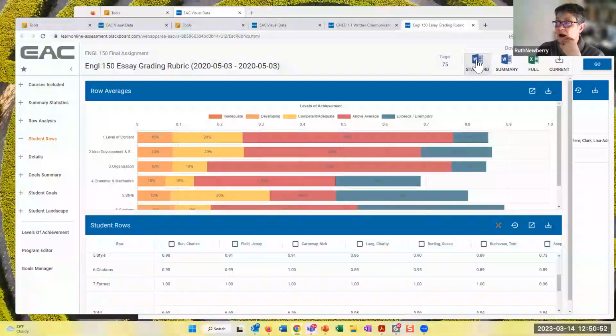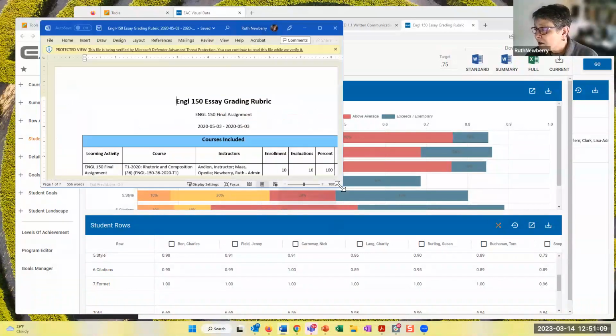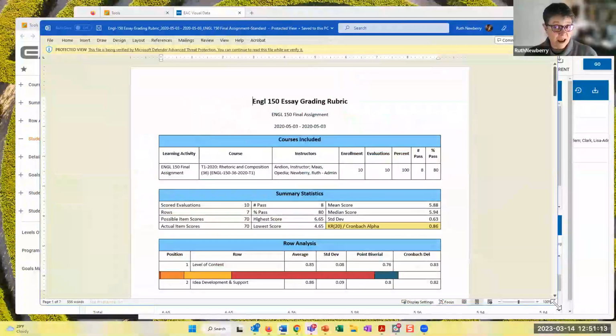This is where, at the end of the term on my rubrics, I may want to capture all the data in a nice Word document that I could then include in my faculty end of the year performance report or tuck away for later when I think about what I need to improve in that course.